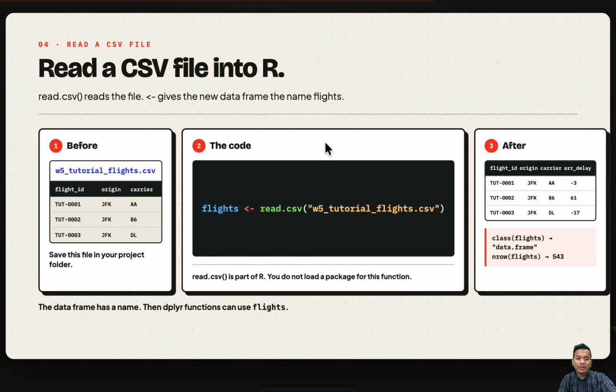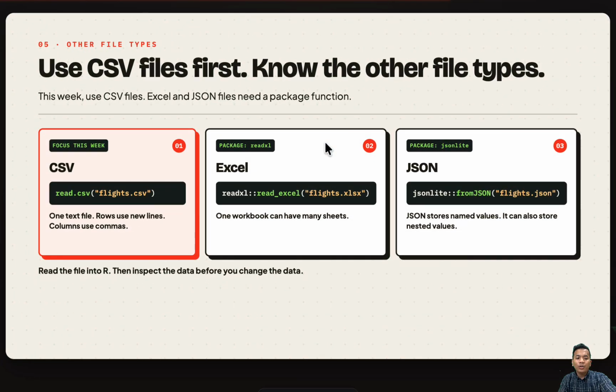Alright, so the next thing is you can also read the data not only from a CSV file, but you can read from Excel as well, JSON and so on. There are so many data types you can actually ingest by using R. But the most common one is normally CSV, so that's why I only provide one example, which is .csv.